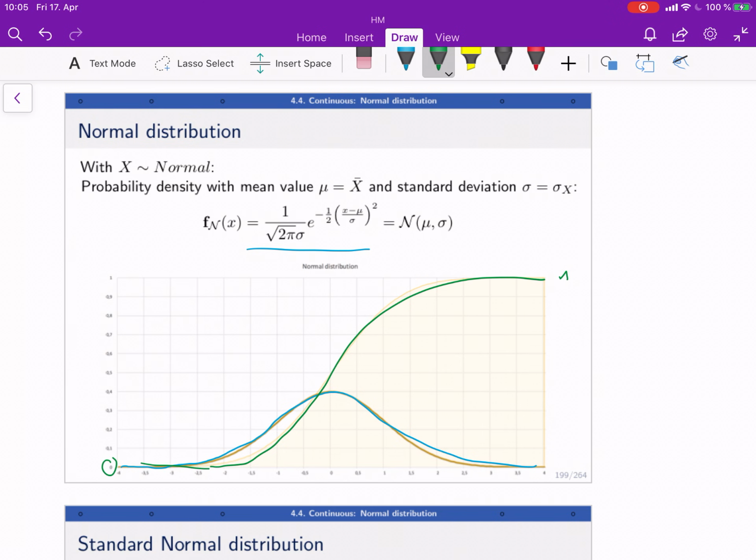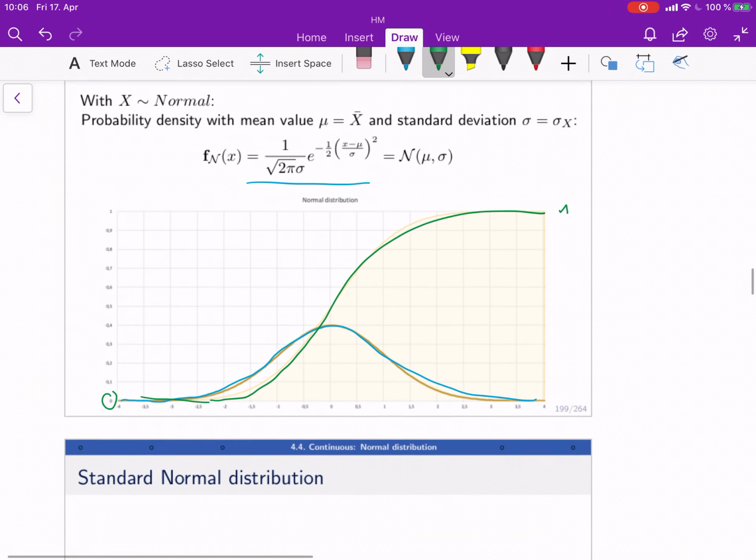Okay, we're not going to use that formula much because the density, for continuous variables, doesn't allow you to do very much. We always need the CDF, we need the integral, because we're talking about intervals. The probability of getting one exact value is 0, so that's not very useful.